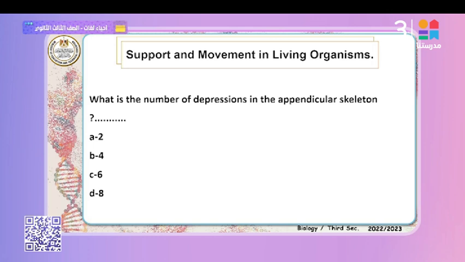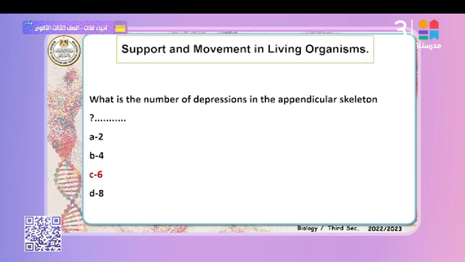No. It consists of 6 depressions in total. 2 depressions are found at the point of connection between radius, ulna, and the humerus, one on the right side and another on the left side. 2 more are the glenoid cavities, and 2 depressions are found on the knee joints in the lower limb. So the total number is 6 depressions found in the appendicular skeleton. The best answer is 6, that represents C. Okay, that's right.